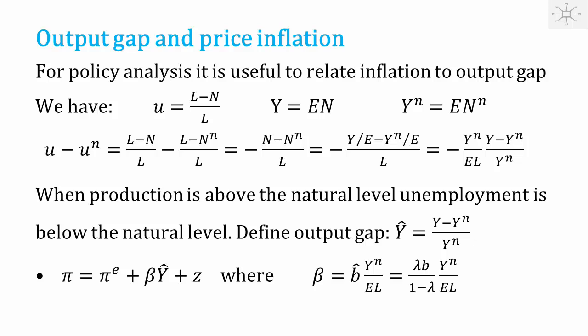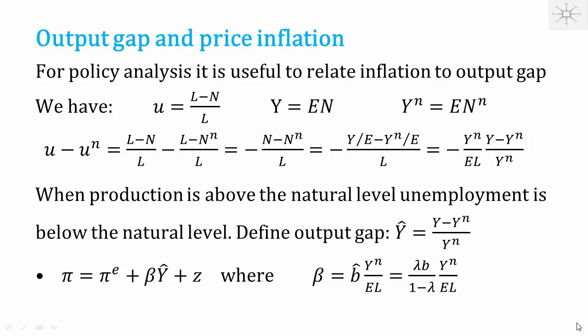So we now use just the definitions here, that unemployment is the labor force minus the number of people employed, divided by the labor force. We have the production function y equals En, where n is employment, and the same is true for the natural level of production. And in the Phillips curve, we had this cyclical unemployment, that is the deviation of unemployment from the natural level.